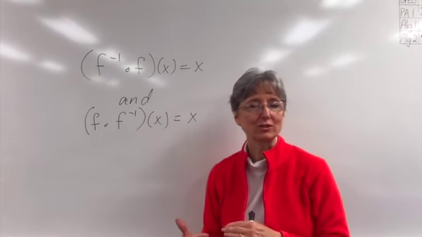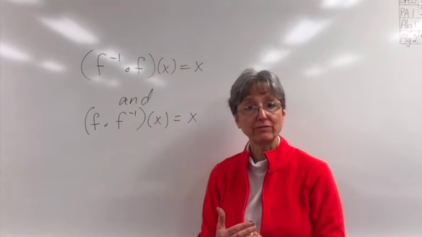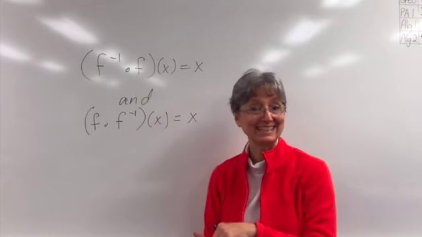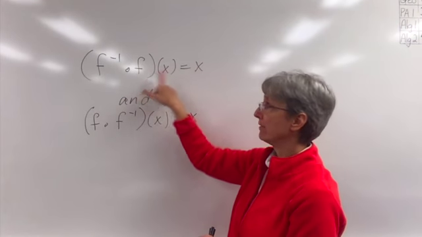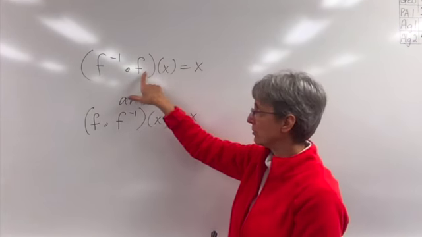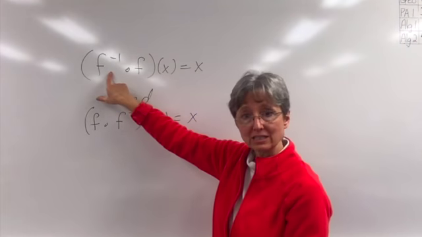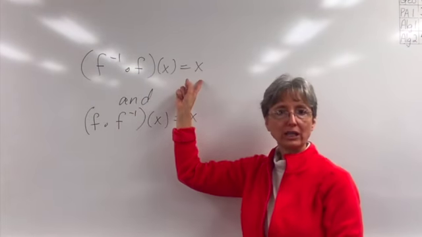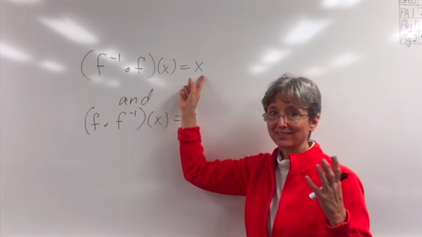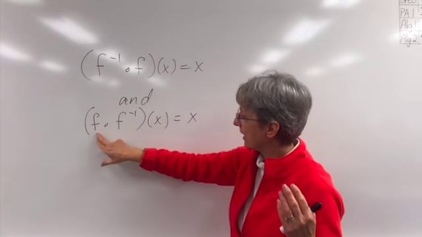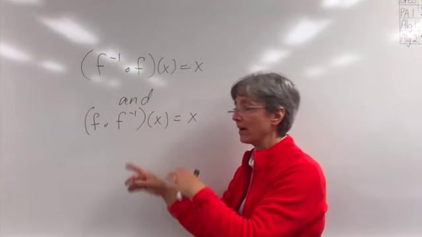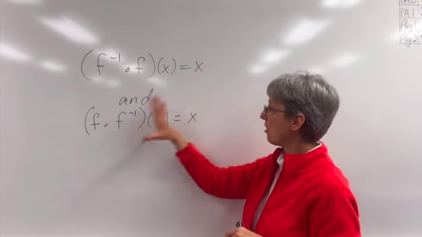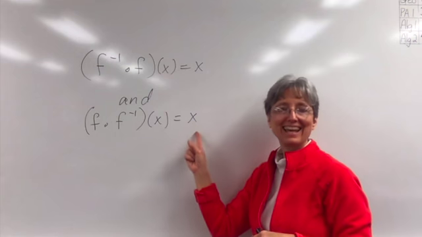And that's what we talked about last time, these compositions of functions. If you put one inside the other, so if I take f inverse of f of x, in other words, I put f into its inverse, I should get out just x. If I have f of f inverse of x, which means I put the inverse of f into f, all that should come out is x.